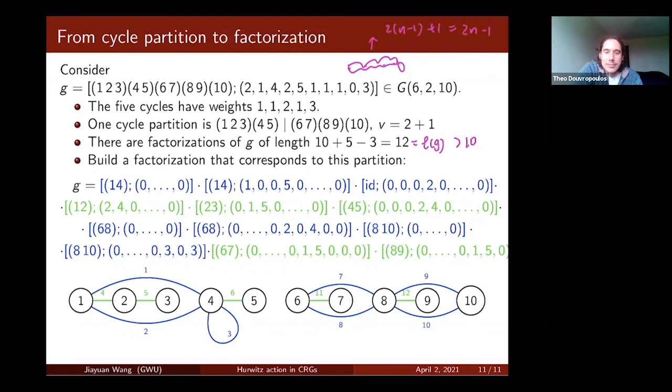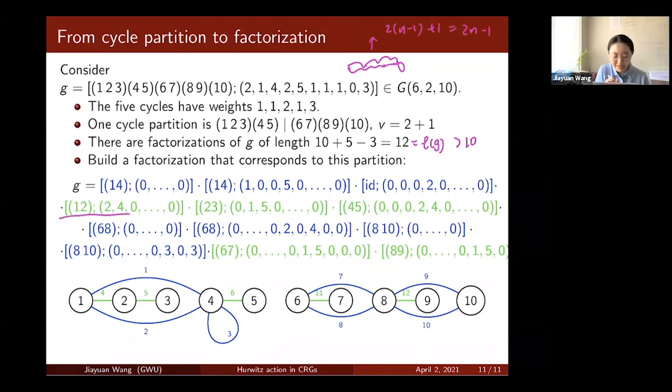Other questions? So these green numbers here are producing the cycles, but then there are some weights, and you just get those so that it works out, or like the weights of the green factors.